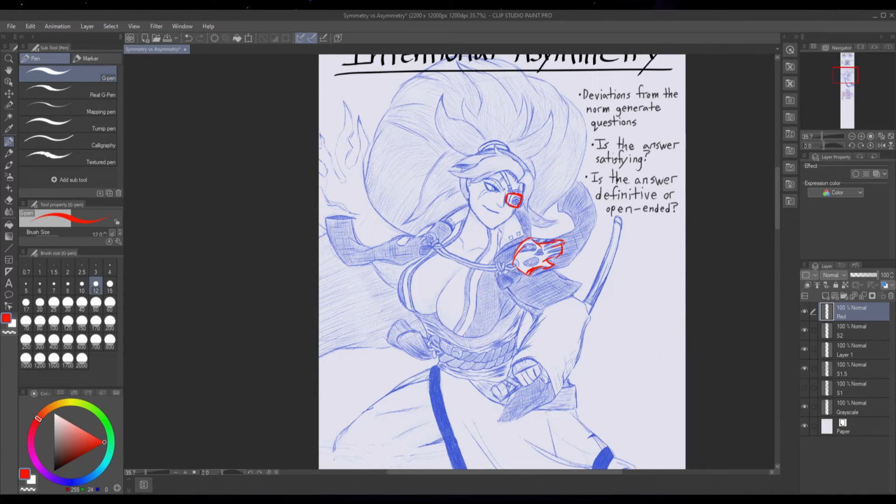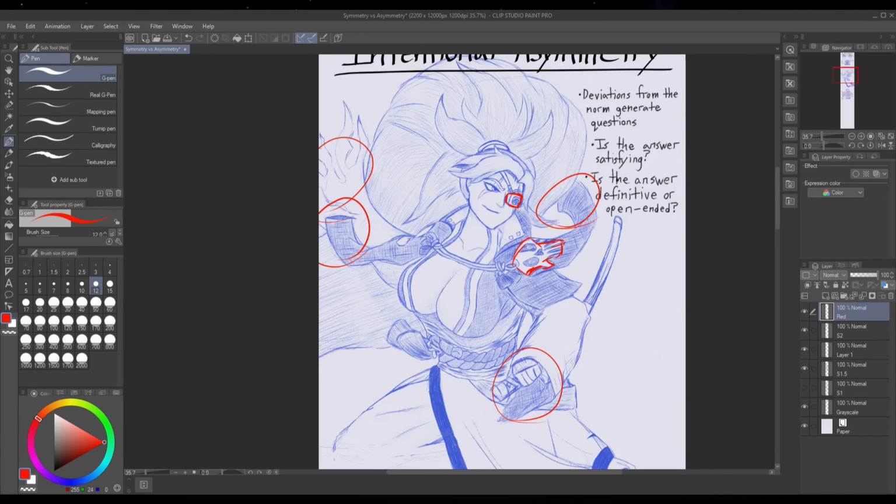Even though the sleeves here and the sleeves here are asymmetrical, the sleeves on this little jacket she's wearing are symmetrical. So even though there are these elements of uniqueness, there are also these elements of familiarity among the uniqueness, so that it doesn't look disordered, so that it looks intentional and purposeful.